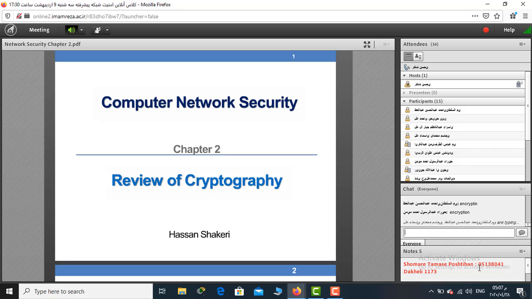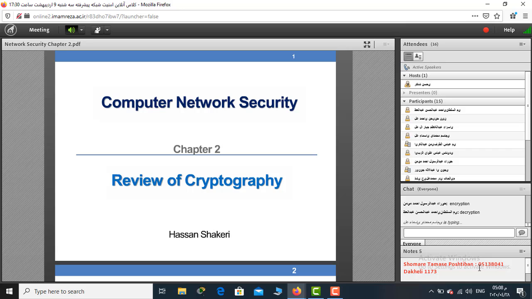And what is the action that should be applied on the receiver side? On the receiver side, which operation or which task should be done to complete the process of cryptography?